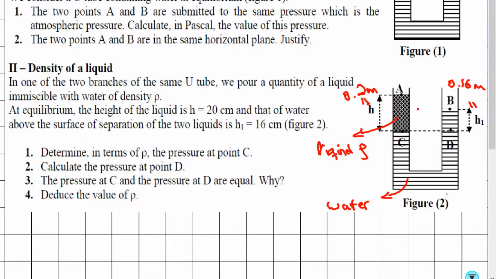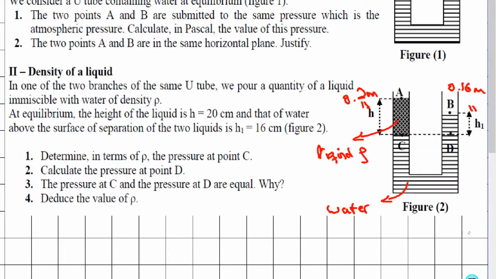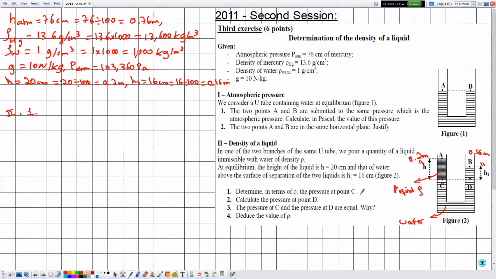So the point C is submitted to the pressure of this liquid and to the pressure at the point A, which is the atmospheric pressure. Because they are asking for the pressure at the point C, they mean the total pressure. So always before determining the pressure at a point, we need to mention to which pressure this point is being submitted.